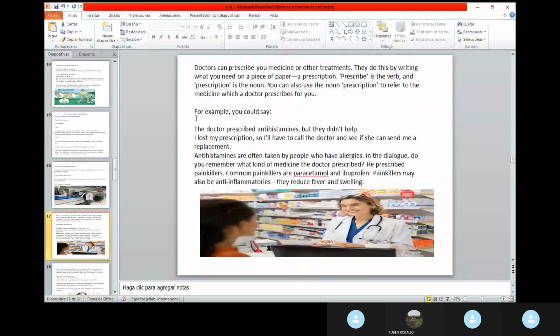They do it by writing what you need on a piece of paper: a prescription. Prescribe is a verb. A prescription is a noun. You can also use prescription to refer to the medicine which a doctor prescribed for you. For example, could you say, Paulo, help me to read the example.